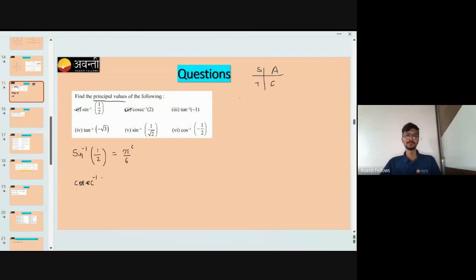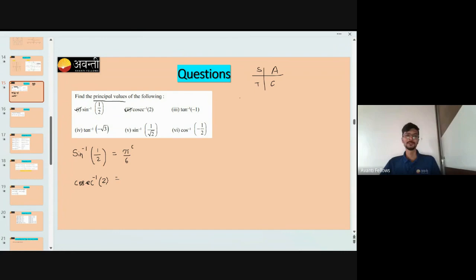Cosec inverse of 2. Again, we need to decide two things. Cosec inverse of a positive value. Now, we know the PVR of cosec inverse is again the first and fourth quadrant. So, out of which, if the value is positive, we look into the first quadrant. Now, it's very simple.